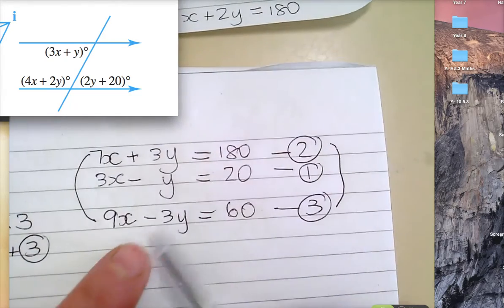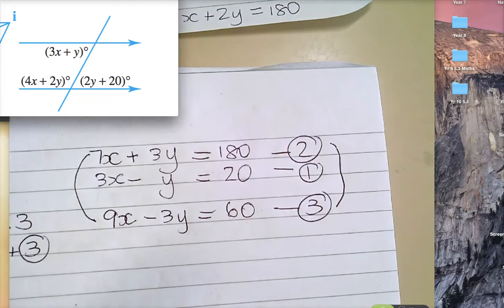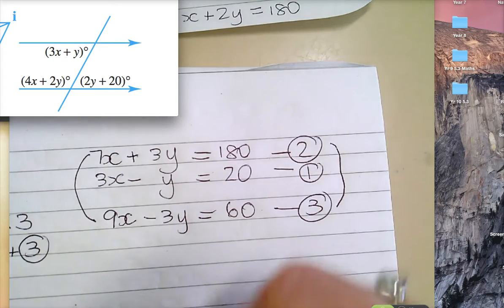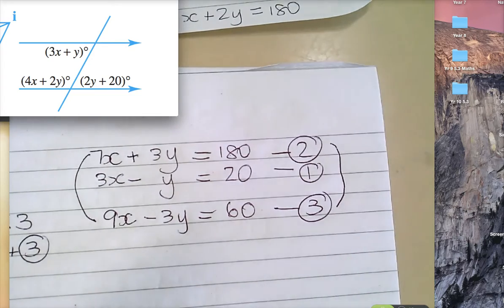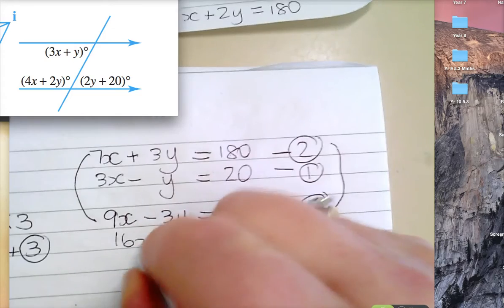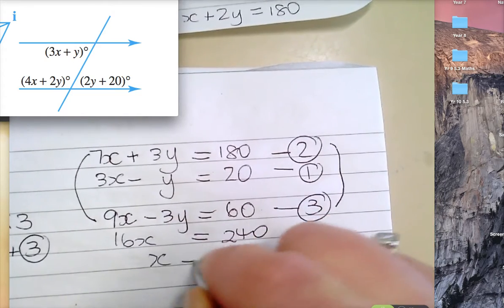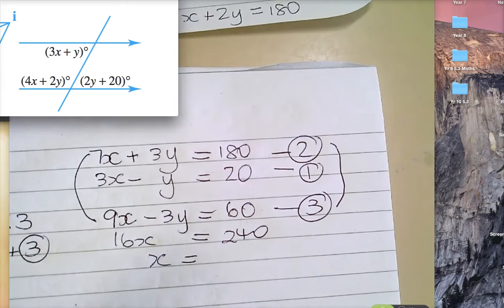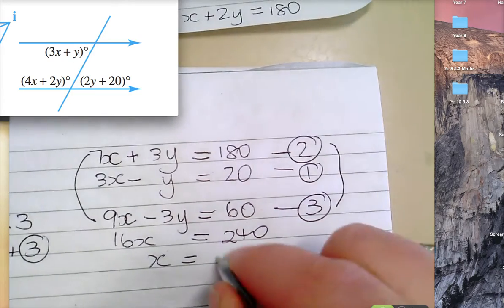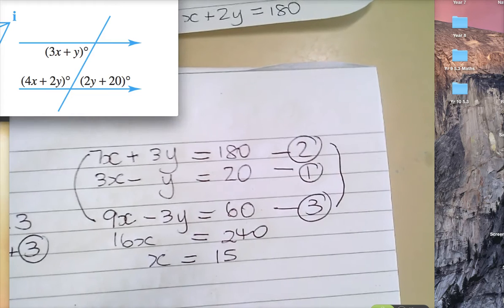Plus 3 and minus 3 equals 0. So what do you get? You get 16x equals 240. x is 240 divided by 16. 15? Yep. Because it's 160 and 80.